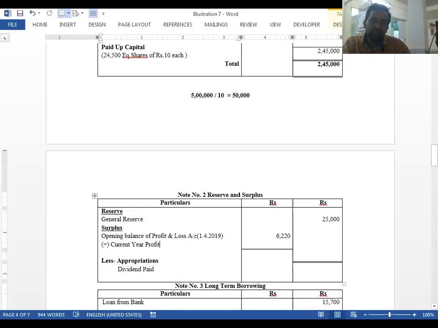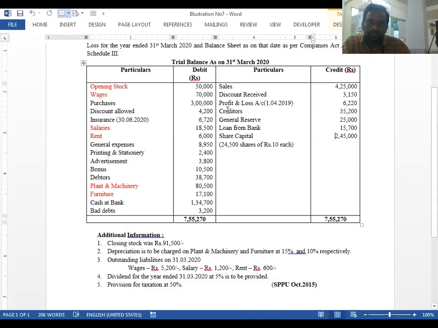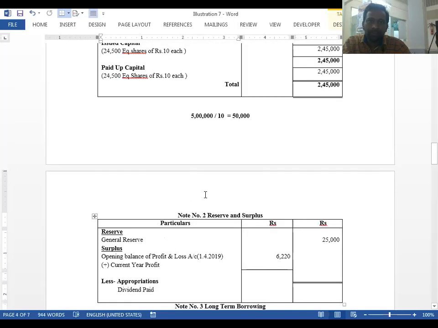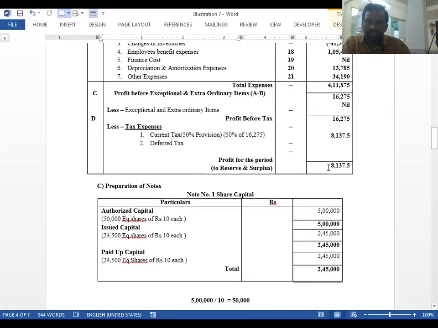This is the opening balance of profit and loss account. See once again here, profit and loss account 6,220. Now we calculate the profit. Profit here 8,137.5.